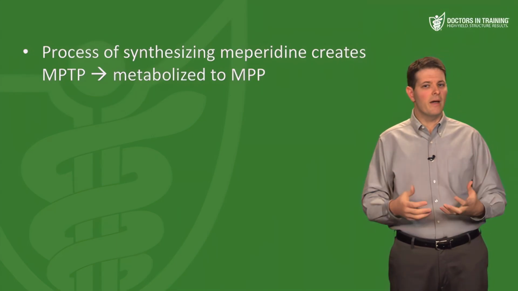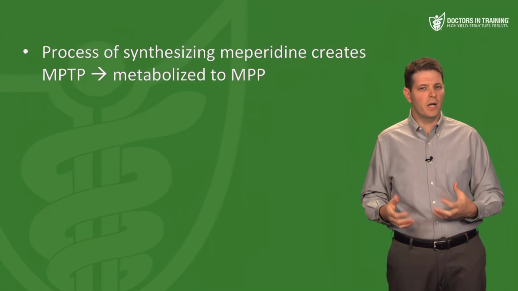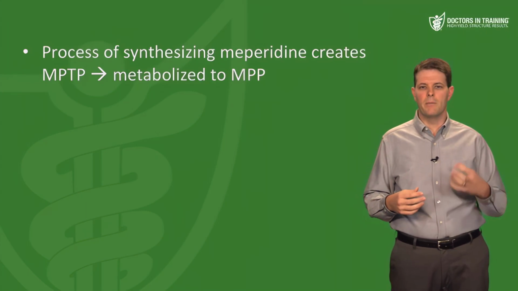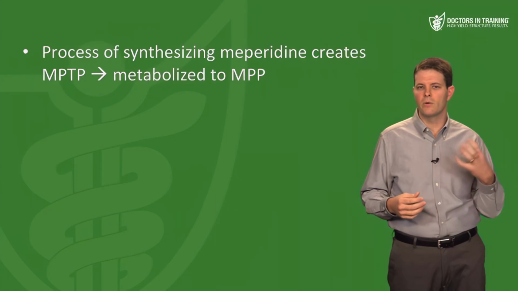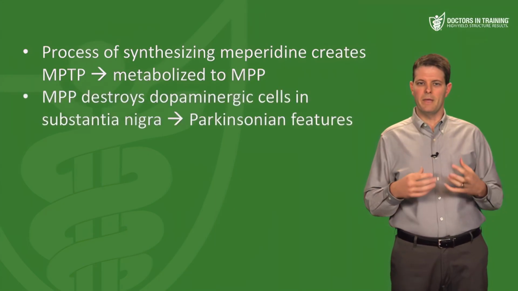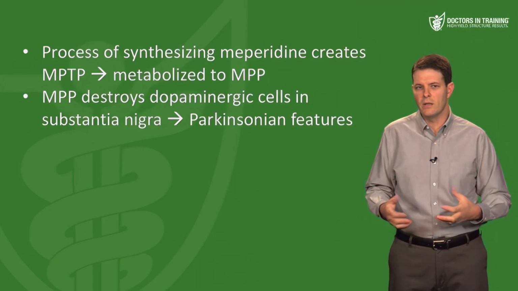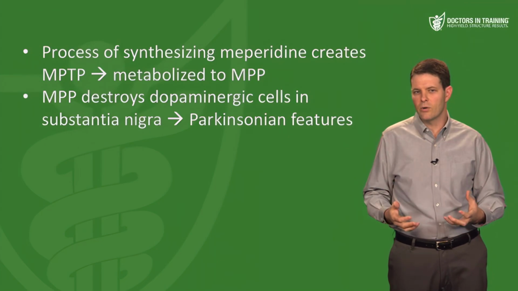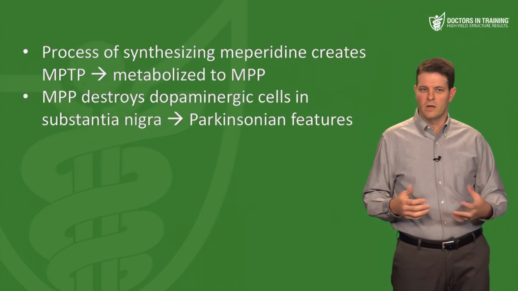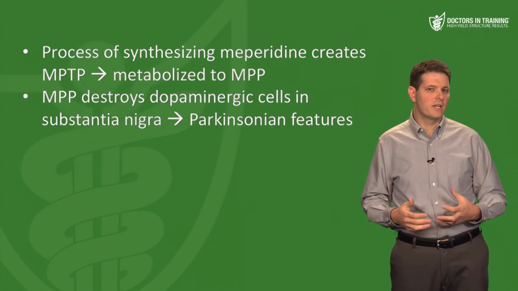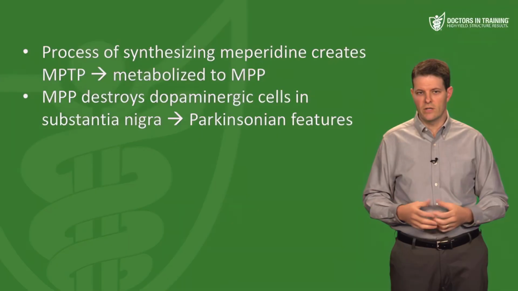So your body metabolizes that MPTP with monoamine oxidase to make something called MPP, which is methylphenylpyridinium. And that MPP basically destroys the dopaminergic cells in the substantia nigra by inhibiting the electron transport chain at complex 1. And that destruction of the dopaminergic cells in the substantia nigra can cause Parkinsonian features.